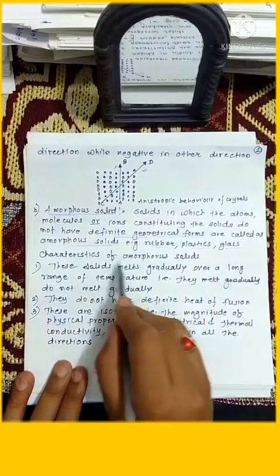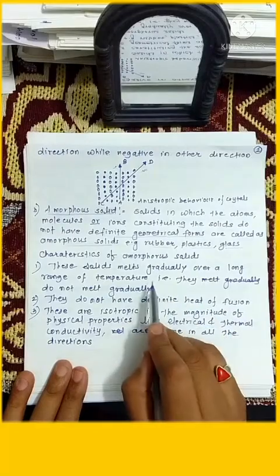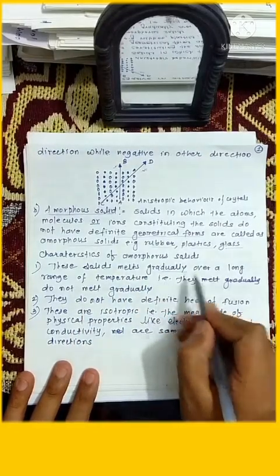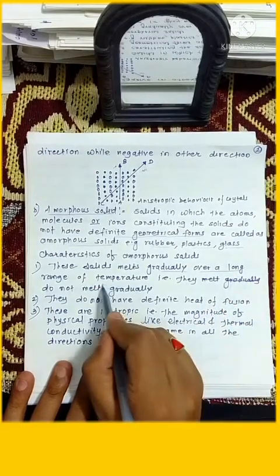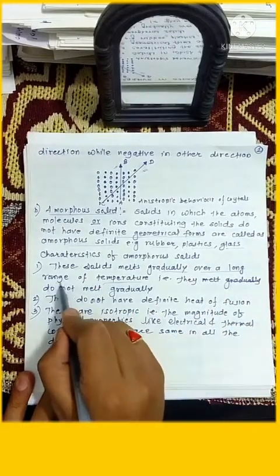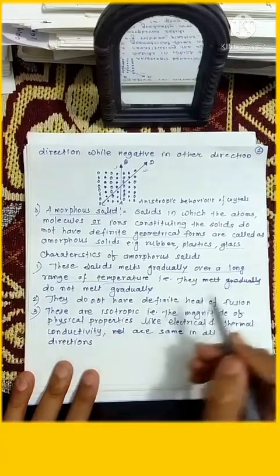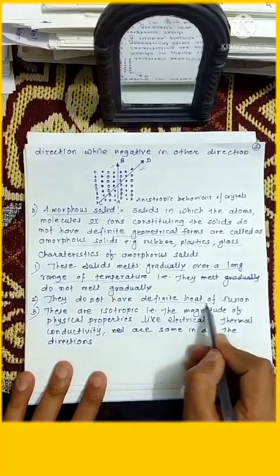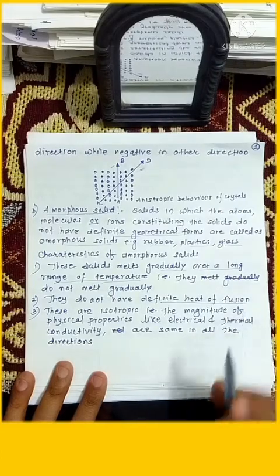Now, what are the characteristics of amorphous solids? Amorphous solids melt gradually over a long range of temperature. It simply means that they do not have a sharp melting point. That's why they do not have a definite heat of fusion.